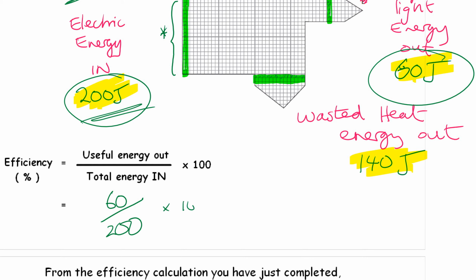Multiply that by 100 to get a percentage. And I'm just going to use my calculator. I'd like you to do the same. 60 divided by 200 equals 0.3 times by 100 gives me 30%. That light bulb is 30% efficient.